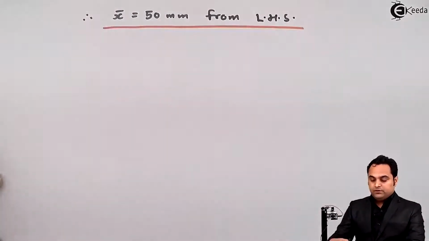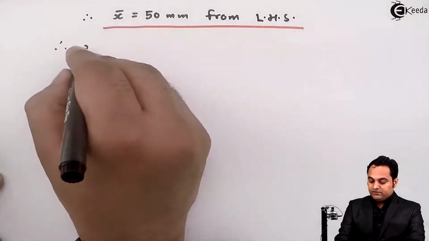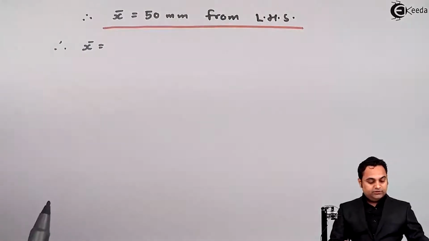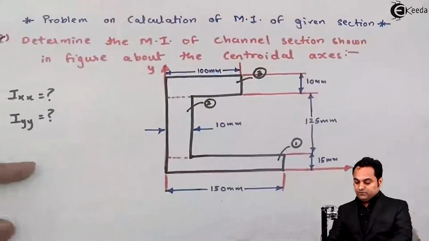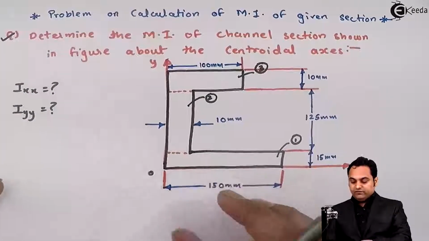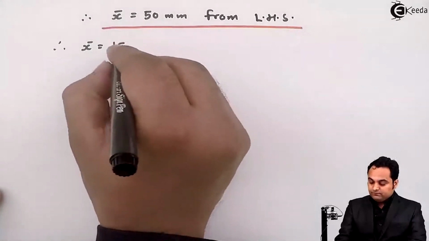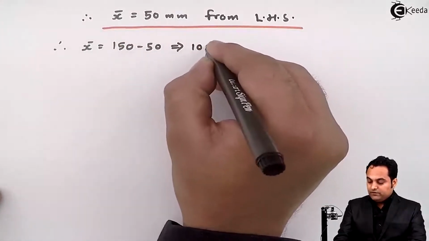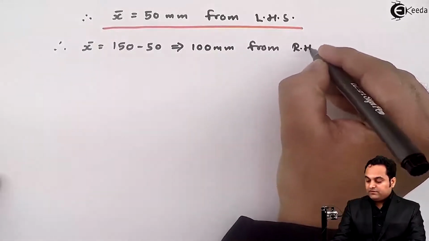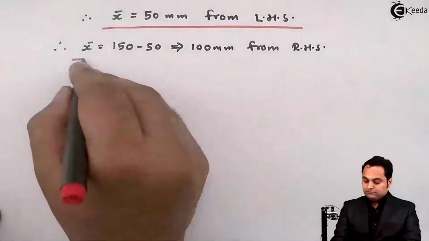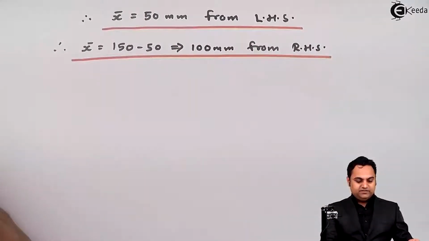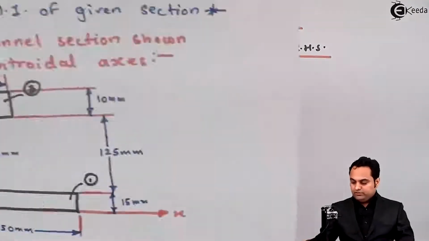Now I will even get x bar from the right hand side. The total width, if we see in the problem, is 150, that is from the origin. So from 150 we will subtract 50, that gives me 100 mm from RHS, right hand side. So now we know the location of the y-axis, so we can locate it on the diagram.